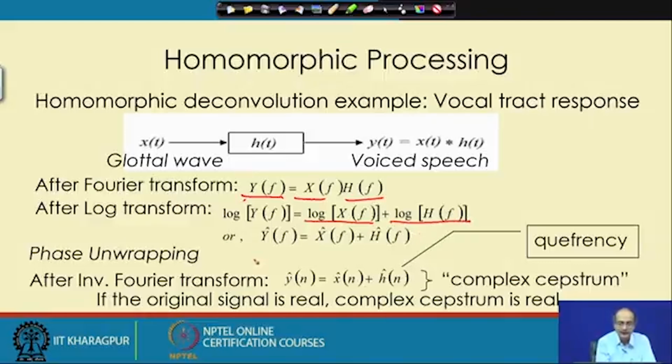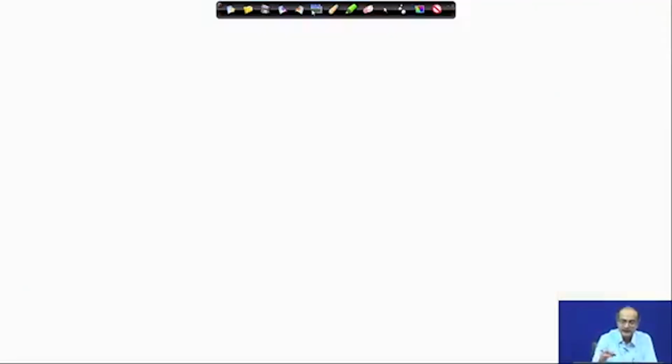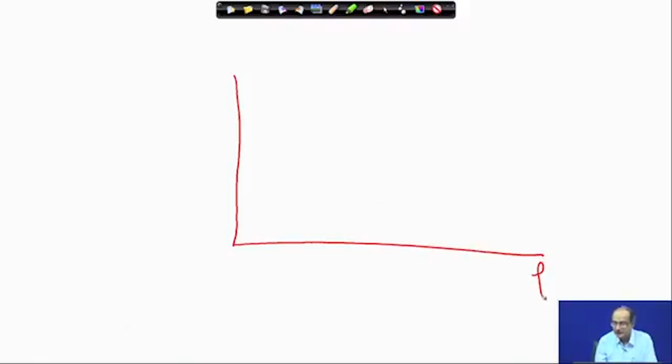So, we write them in a compact form, that y hat f equals x hat f plus h hat f. Okay. Now comes the fact of phase unwrapping. Let us try to understand what happens. If we look at the frequency and the phase plot, we know that there is some kind of continuity of it.